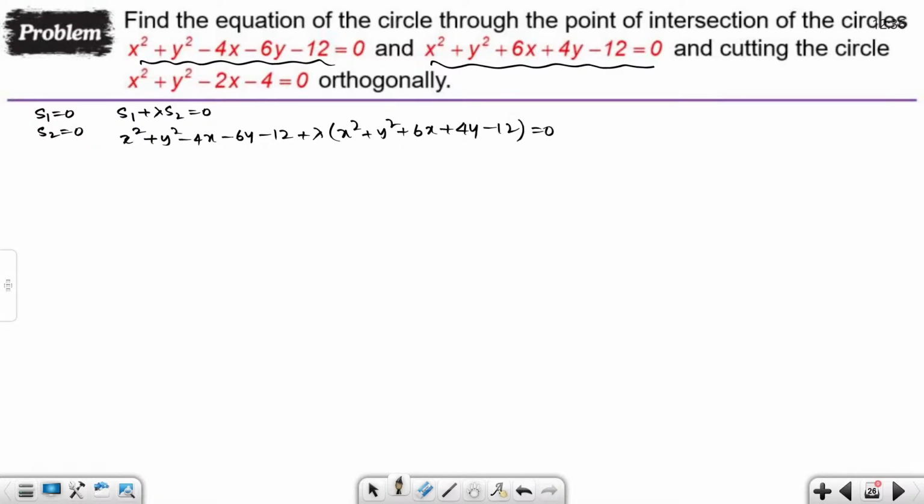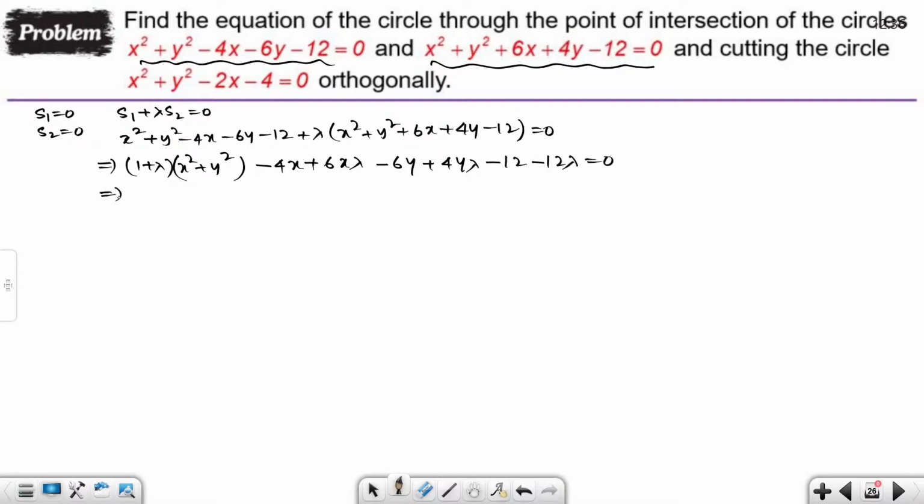This is the equation of that circle which is passing through the point of intersection of these given two circles. So let me write it in the general form. We are getting, from here, minus 4x plus 6x lambda, and then minus 6y plus 4y lambda, minus 12 lambda equals to 0.